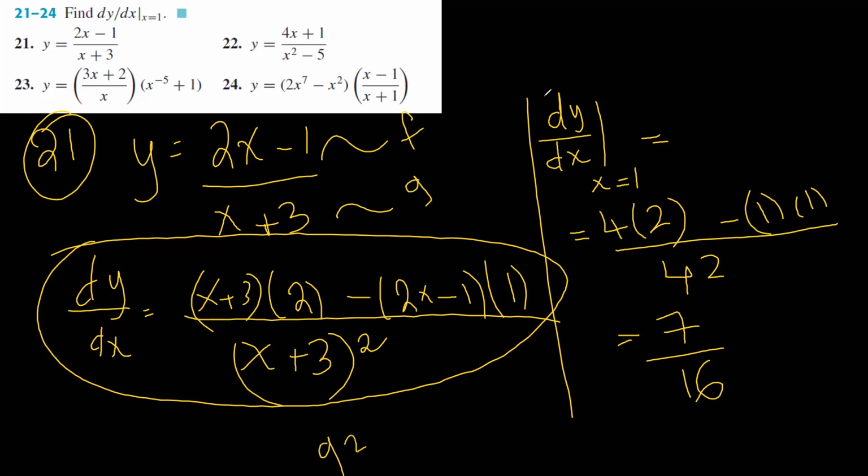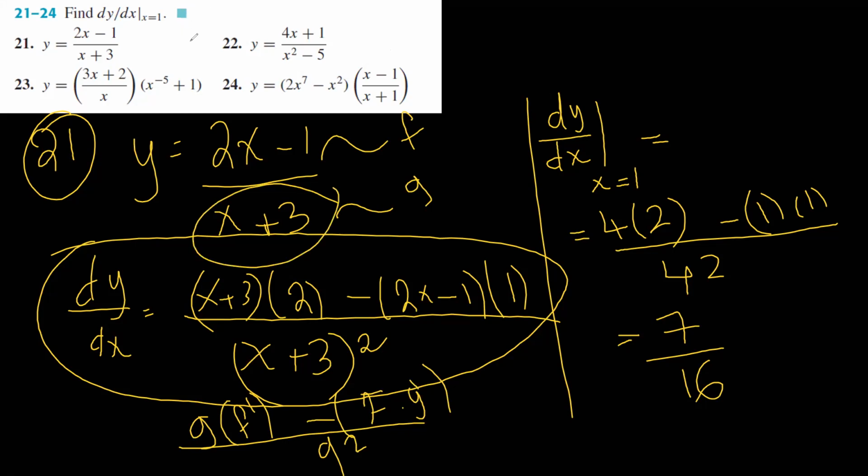Up, I said g, which is x plus 3, times f prime, minus f, which is x minus 1, times g prime. What is the derivative of x plus 3? It is 1. So now the answer comes as (x plus 3) times 1 minus (x minus 1) over (x plus 3) squared. And after you substitute with 1, you will get this answer.